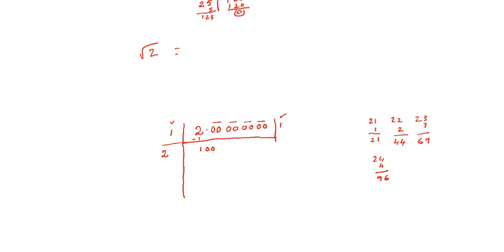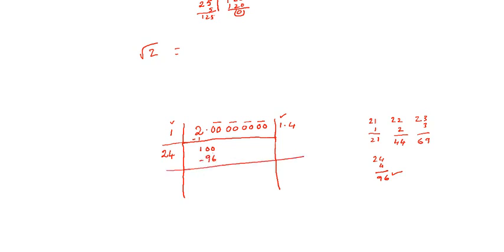When you carry the 2 zeros after the decimal point, you also put a decimal point in the quotient part. You write 24, then you write the quotient 4 here after the decimal point. 24 4s are 96. Now you subtract.